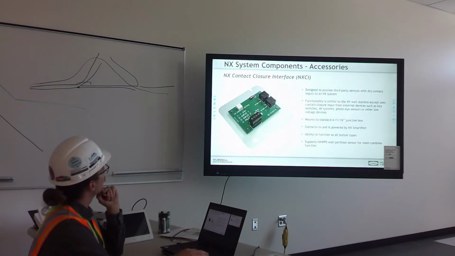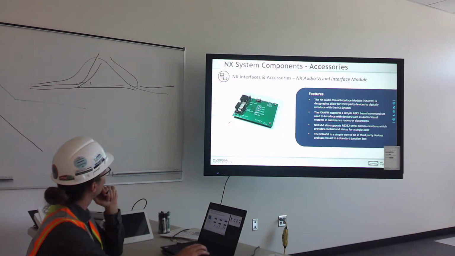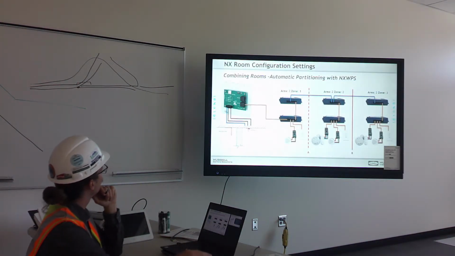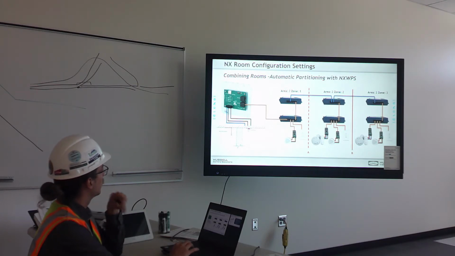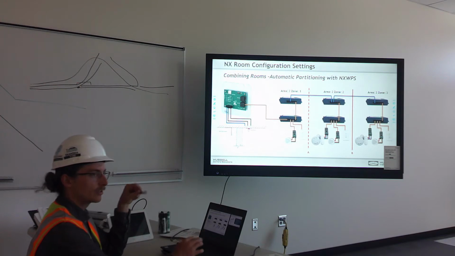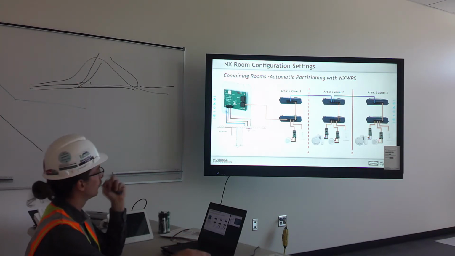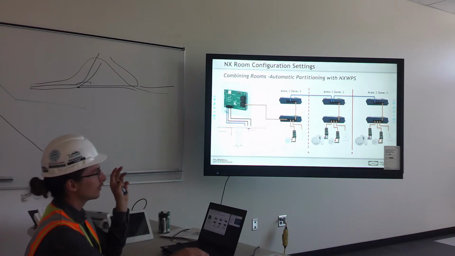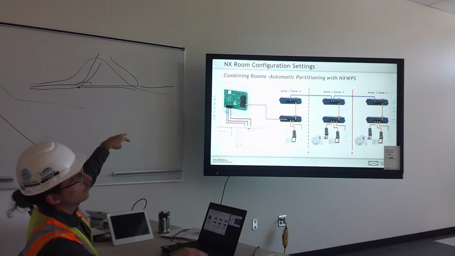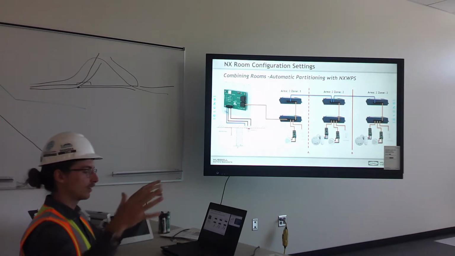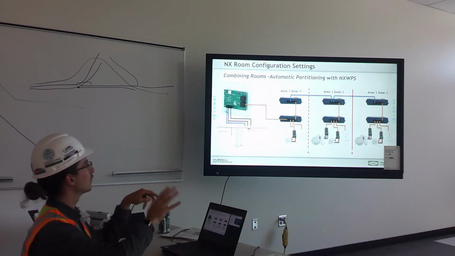All right, I'm going to skip that and go to this guy. This is what we call an NXCI. It's a closure interface. I believe there's only one room that uses this, and it's for a partition sensor. Down in Sector F, Level 1, there's a classroom that's two rooms divided by a partition that can open and close.